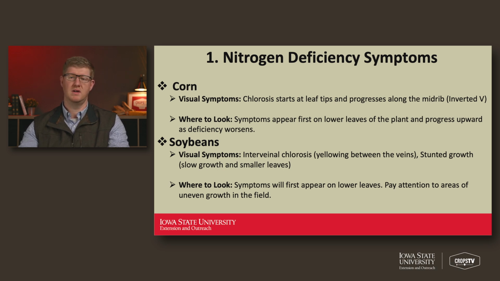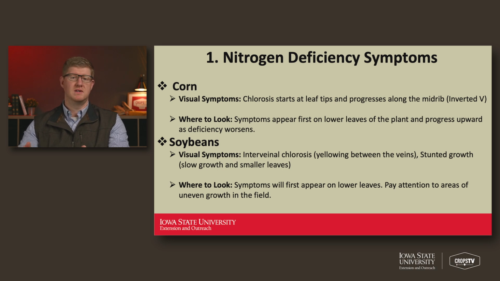So it's going to be your classic inverted V symptomology that we're used to with corn. We'll see a picture of it on the next slide. As I mentioned, you're going to look first on the lower leaves, but if it's a more severe deficiency, it will progress upwards over time.